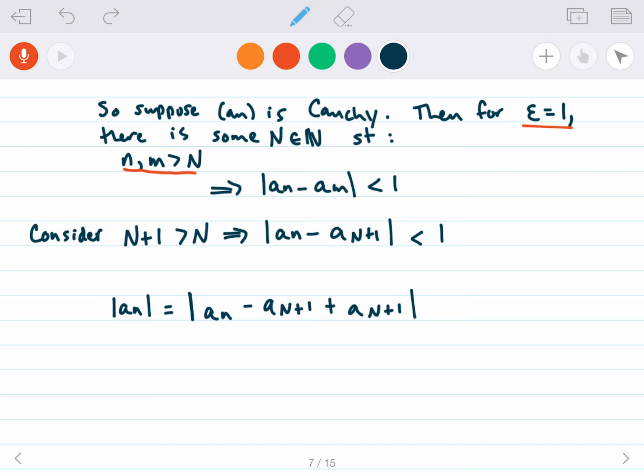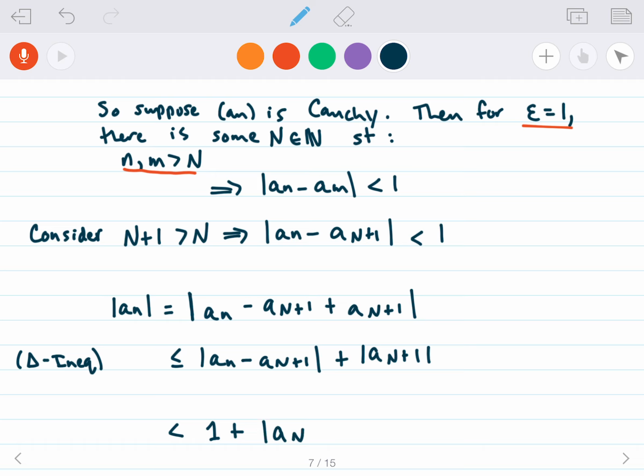Okay, and by the triangle inequality, this is going to be less than or equal to the absolute value of a sub little n minus a sub capital N plus 1, plus the absolute value of a sub capital N plus 1. And we know from up here that this guy is less than 1. So that means that this is going to be less than 1 plus the absolute value of a sub capital N plus 1. Okay, so we've found a bound when little n is bigger than capital N, right?